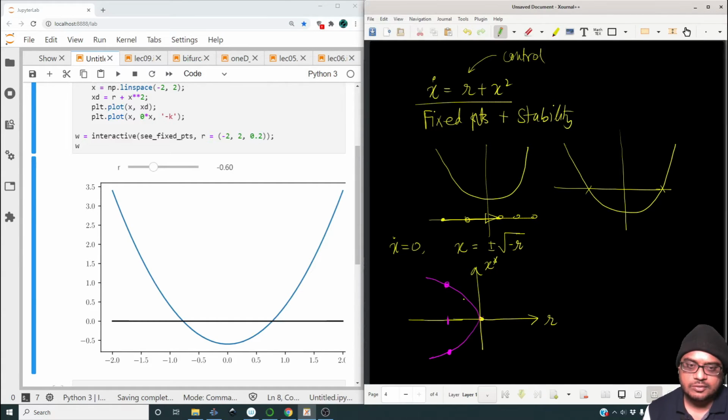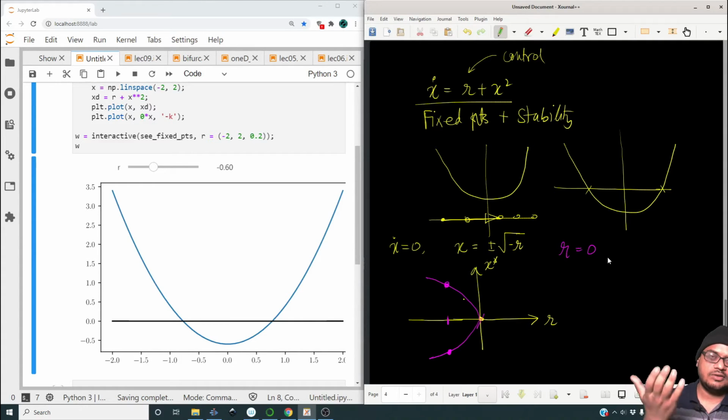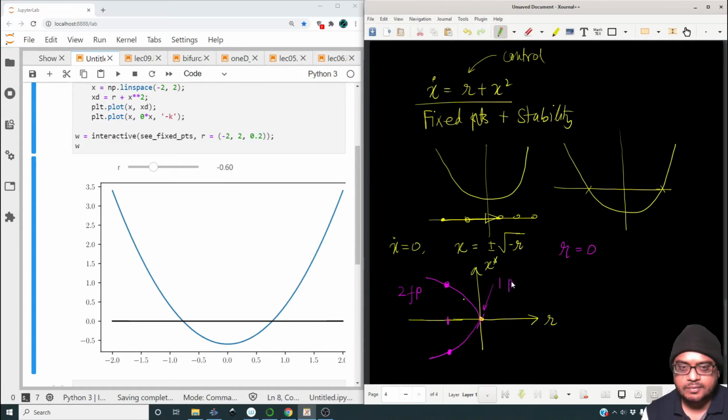As we cross r equal to 0, okay, r equal to 0 is a changeover point from having 2 roots to having no root. Okay, so here there are 2 fixed points, here there is 1 fixed point, and here there are no fixed points.